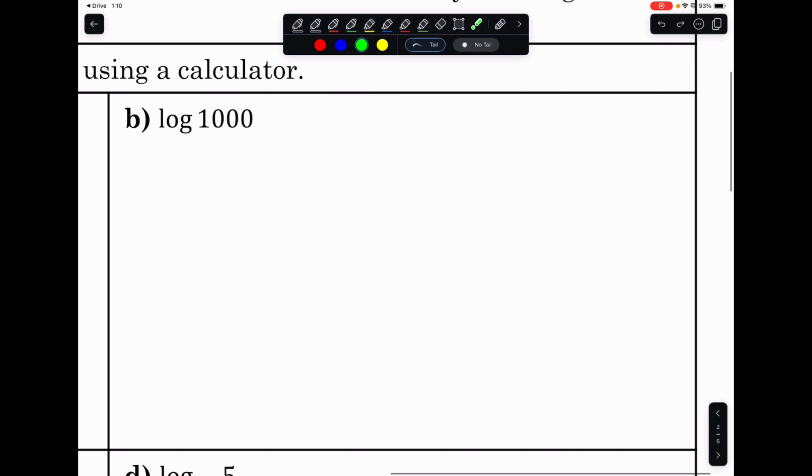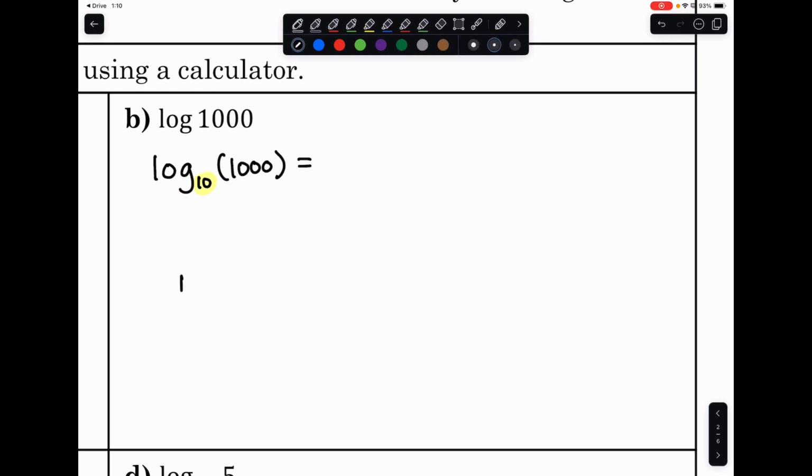For this example, well, this is again log with base 10. So let me write this as log with base 10 of 1,000. So what is this going to equal? Again, what we're trying to do is get this base of 10, raise it to some power so it equals the value of 1,000.